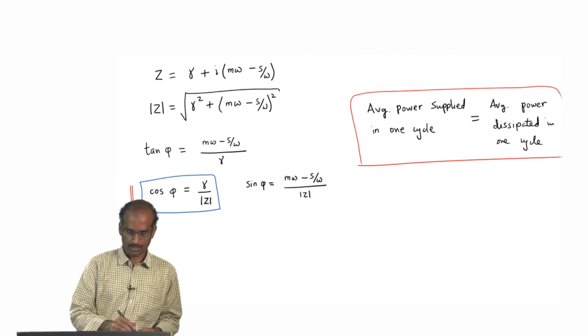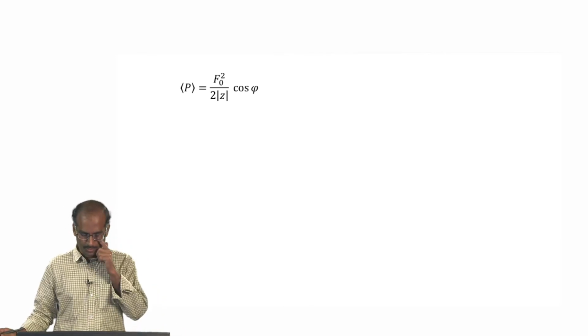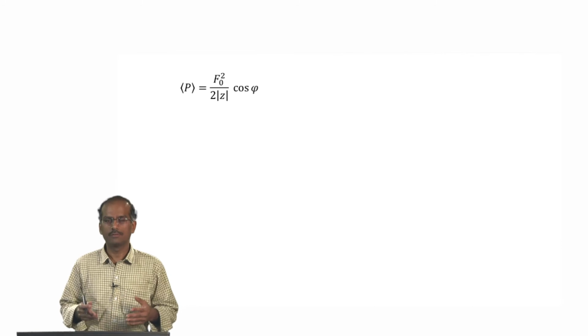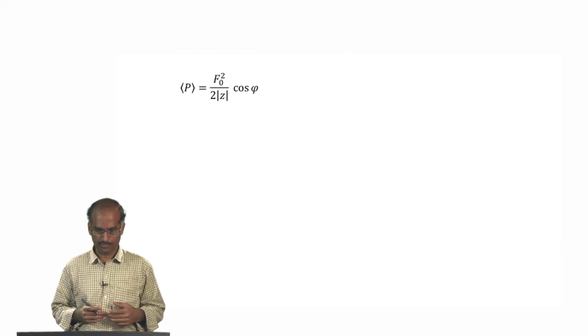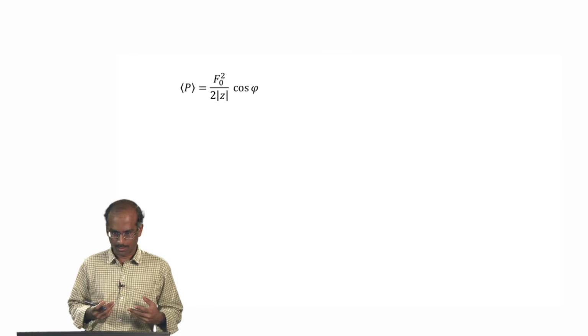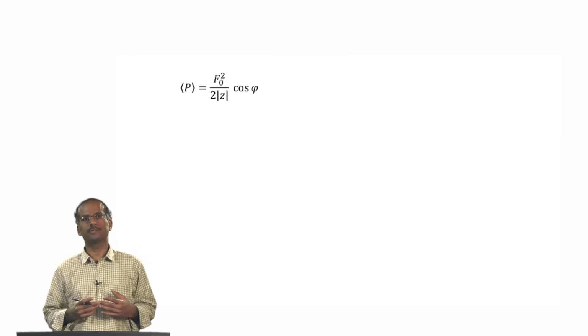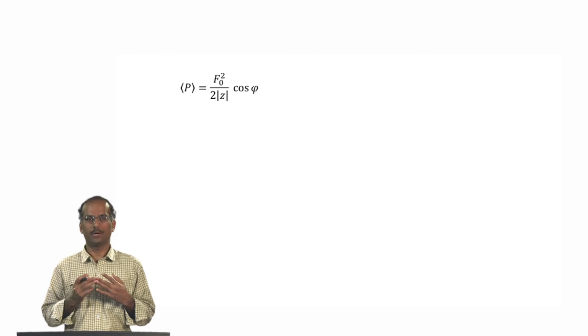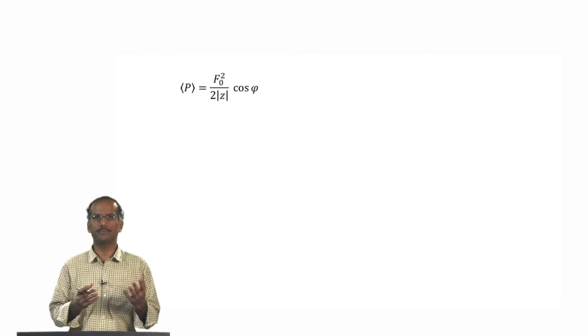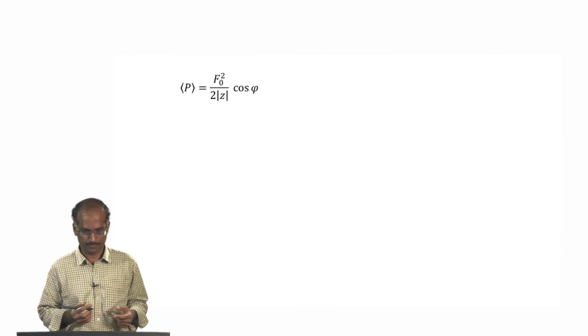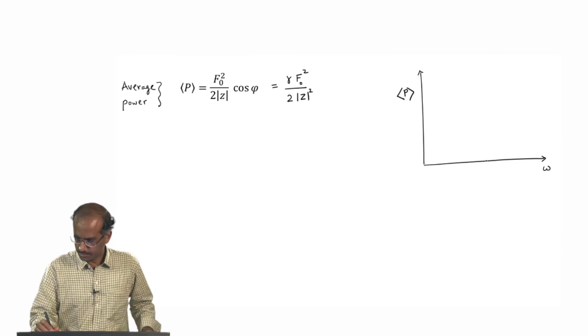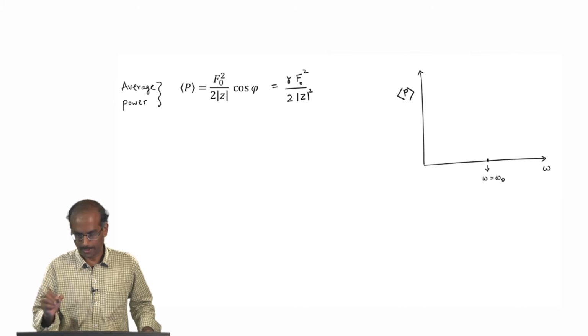Now, we will use this quantity, average power, to define the Q value. Before we define the Q value, let us sketch this function as a function of the driving frequency omega, because that is going to tell us how much of the power is being absorbed at different frequencies. I am going to choose some value here as omega equal to omega 0.